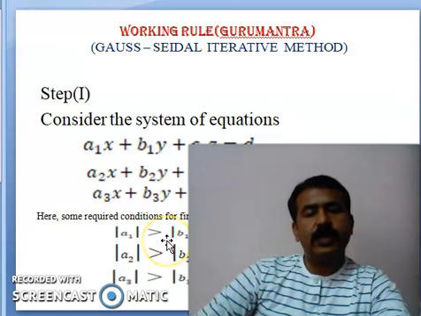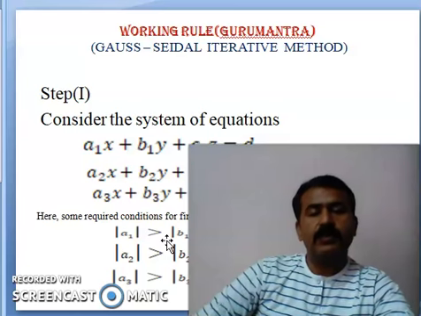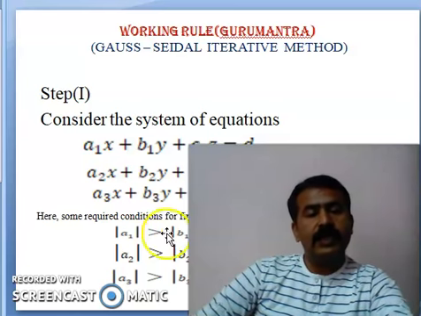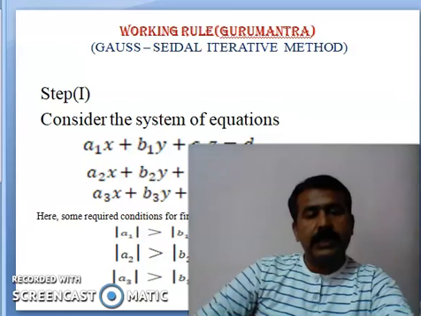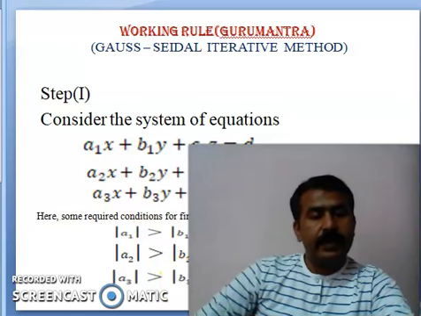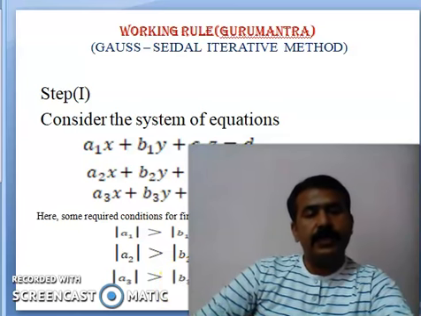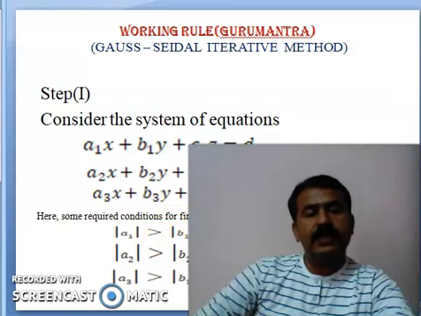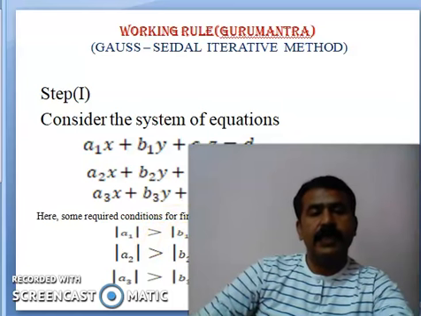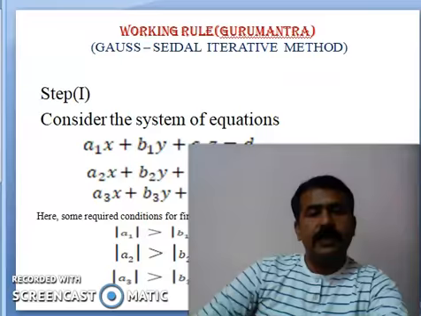The condition is: modulus of a1 is greater than modulus of b1 plus modulus of c1, modulus of a2 is greater than modulus of b2 plus modulus of c2, and modulus of a3 is greater than modulus of b3 plus modulus of c3. These are the required conditions for finding the values of x, y, z. This is step number 1.